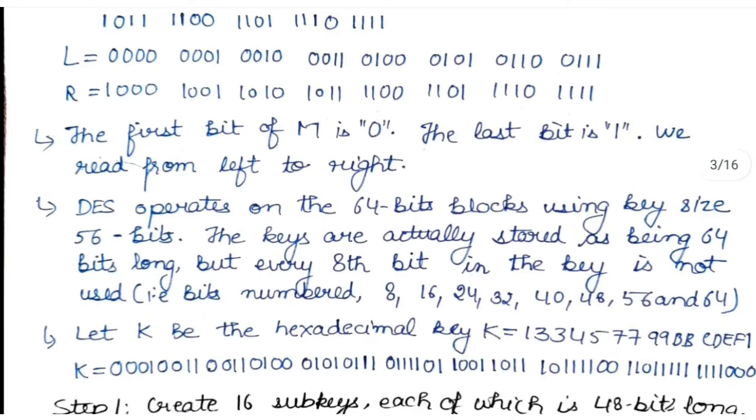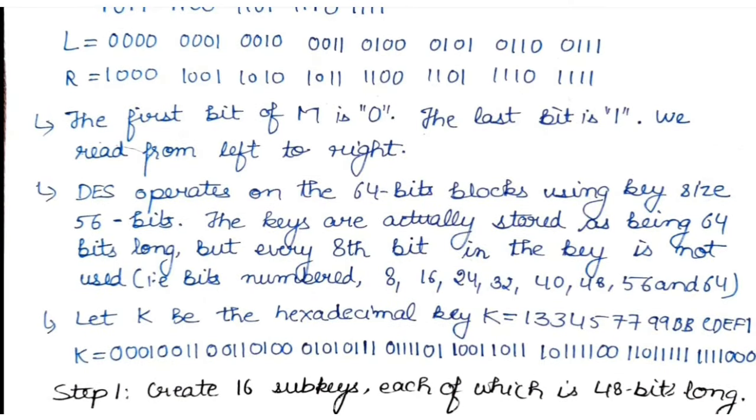DES uses a key size of 56 bits. The keys are actually stored as 64-bit longs, but every 8th bit in the key is not used. That is, bits number 8, 16, 24, 32, 40, 48, 56 and 64 are not going to be used.